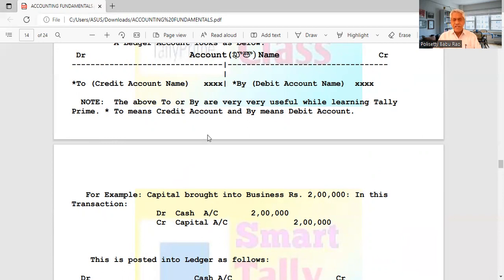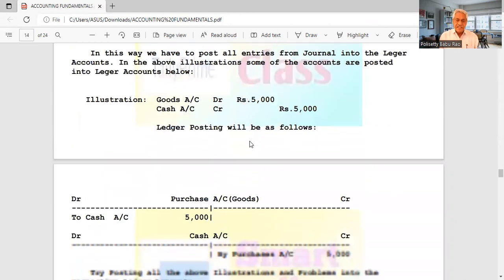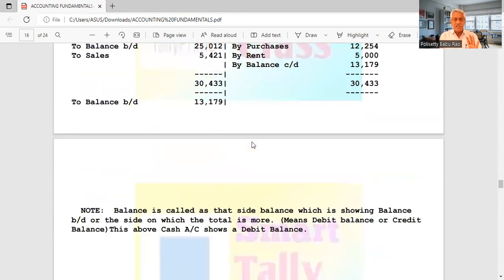We can continue with it as it is, or change it to debit and credit, if you have some confusion. We will learn that change in Tally. Up to now, I think you are all well versed with this ledger.